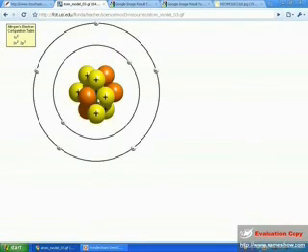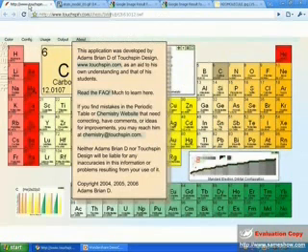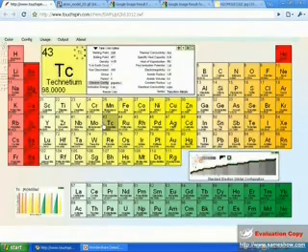If there are 7 protons, then we should be able to count 7 electrons on this atom. 1, 2, 3, 4, 5, 6, 7. That's how you determine how many protons or electrons are in a certain element: by the atomic number.